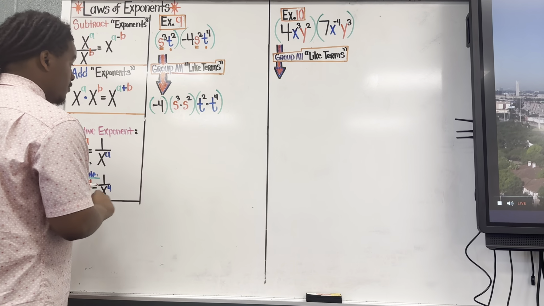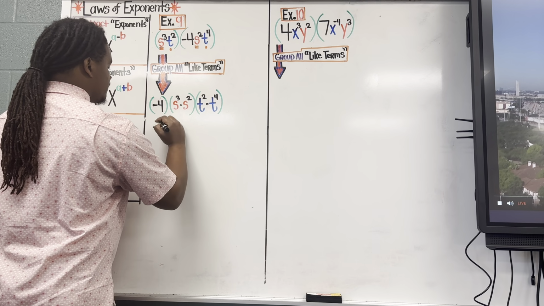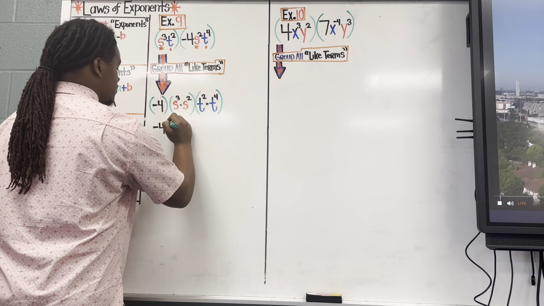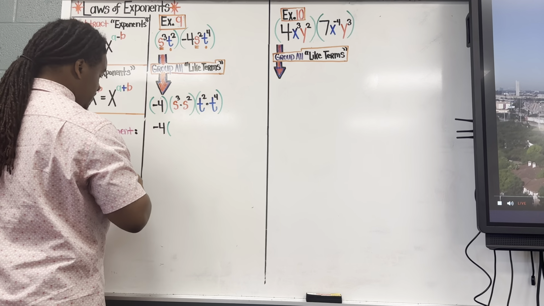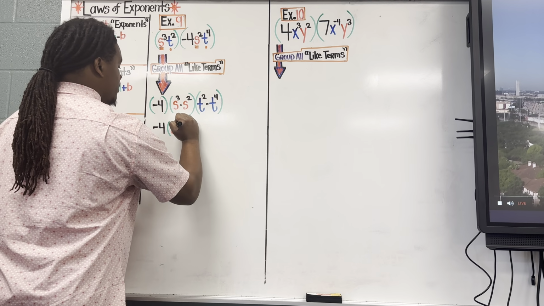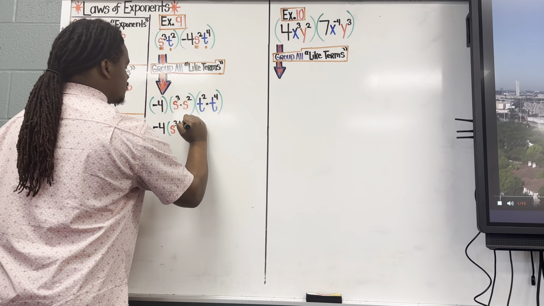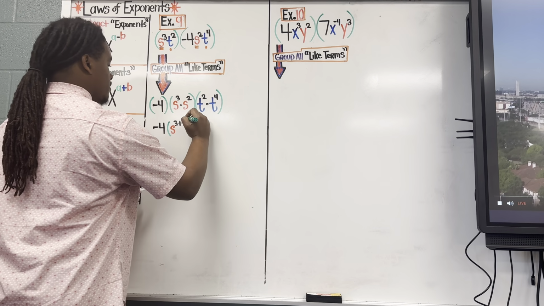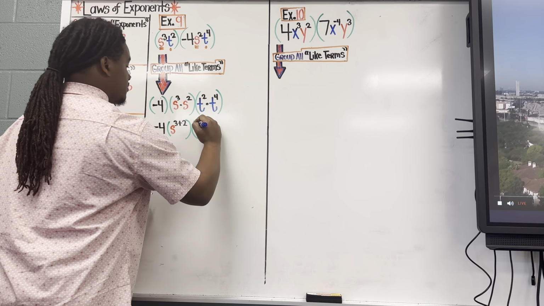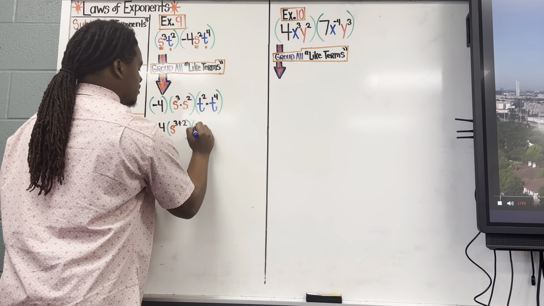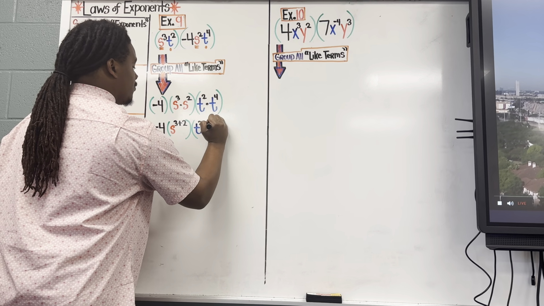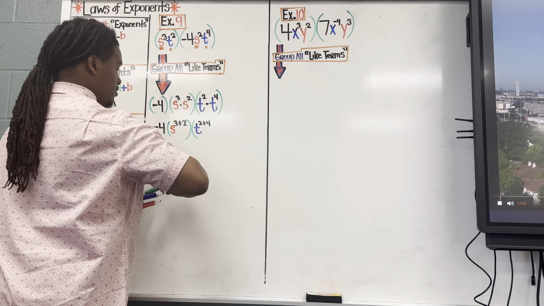So negative 4 stays as negative 4, times a parentheses, s to the 3 plus 2 power, times t to the 2 plus 4 power.